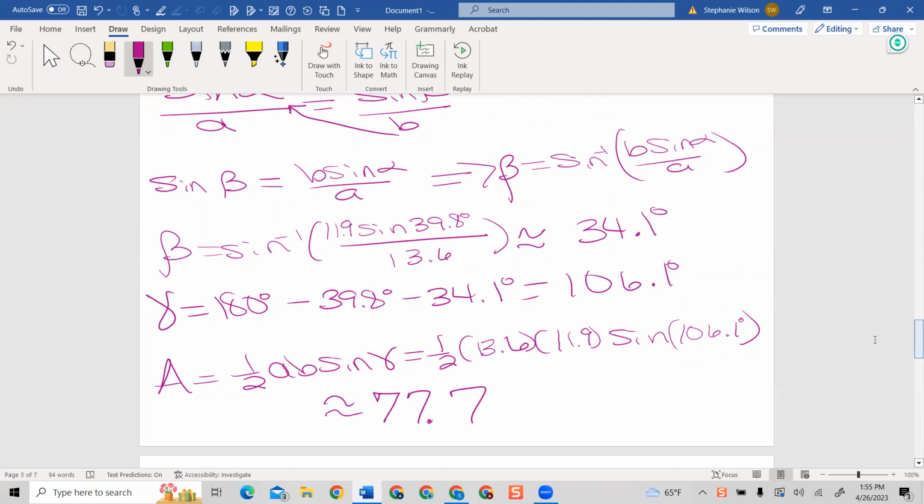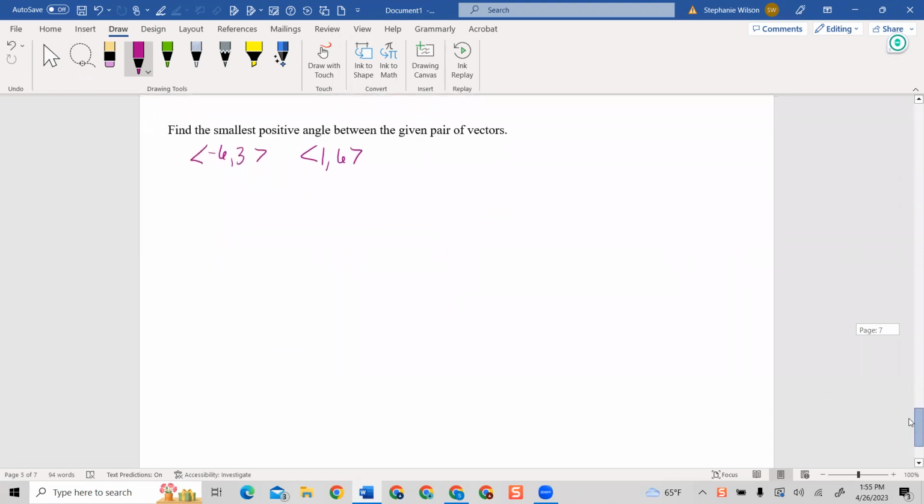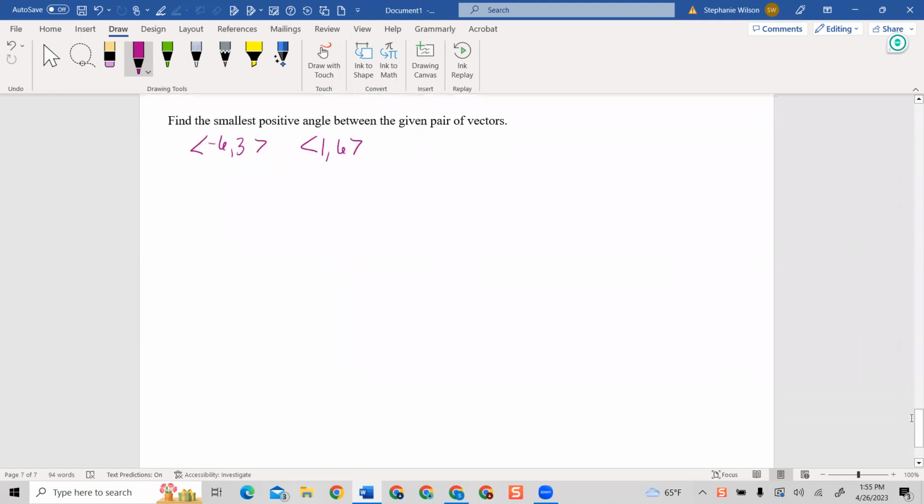Okay, so now let's do the next one. The next one says find the smallest positive angle between the given parts. So you were asked question 1, what is A dot B? Well, y'all remember in this particular one, it said the notation of absolute value of V. In our notes, we were talking about calling this one U and this one V. If you wanted to call these both V, you could, and subscript it as VA, VB.